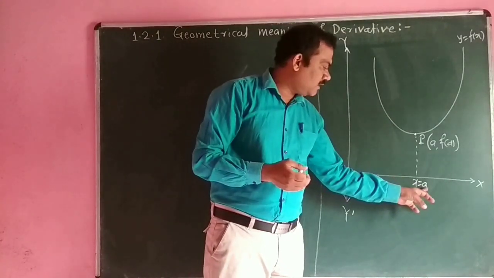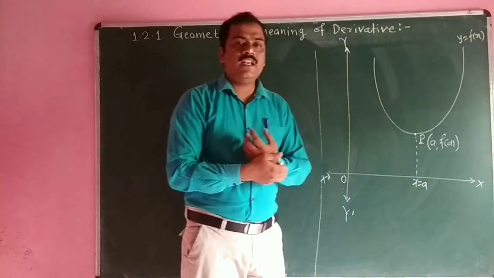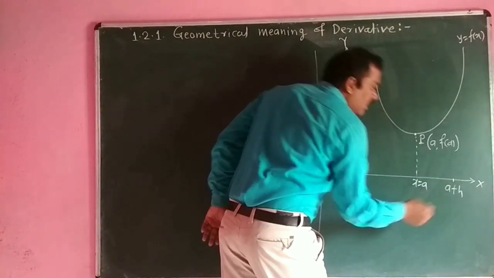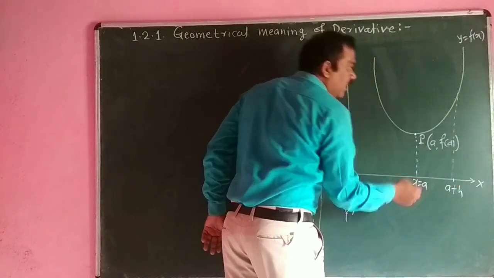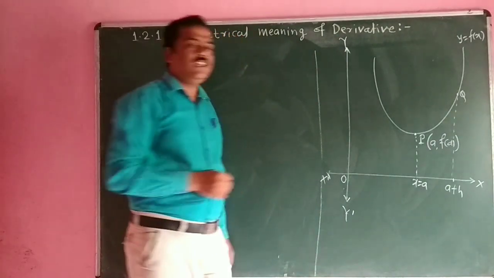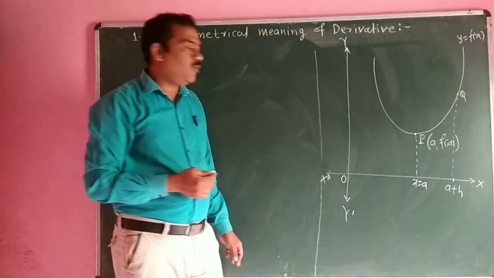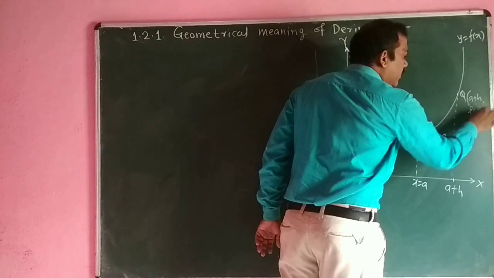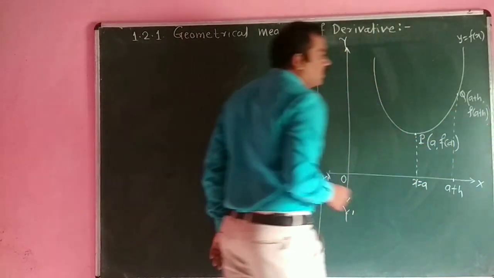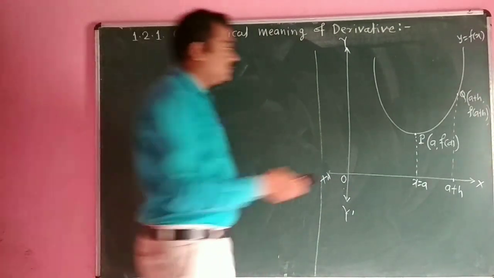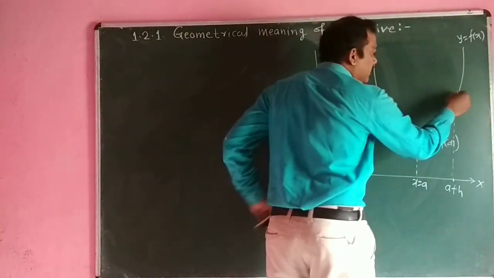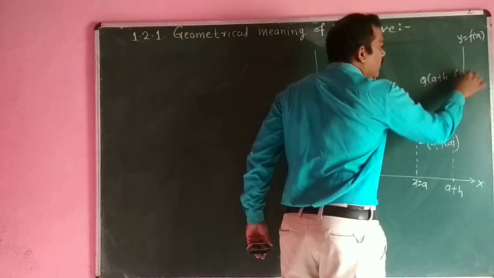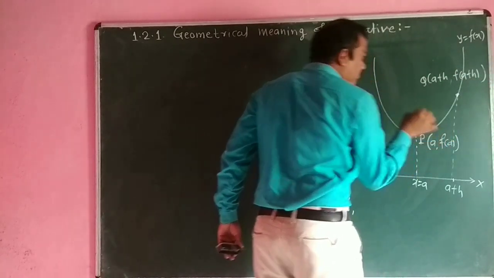If this value x is equal to a is increased by a small real number h, and the new value is a plus h, it means that on the right side of point P we have to take another point Q. The coordinates of this point Q are a plus h, f of a plus h.